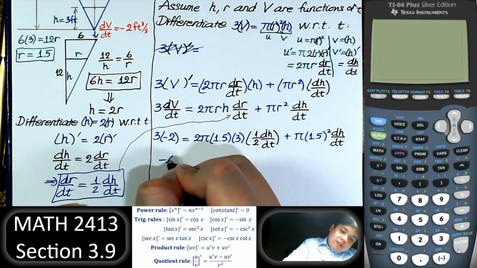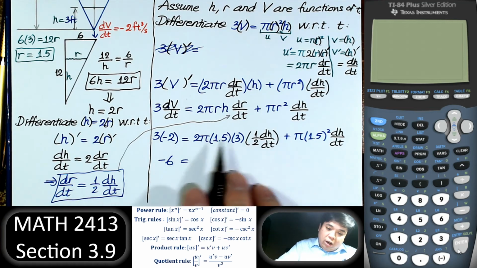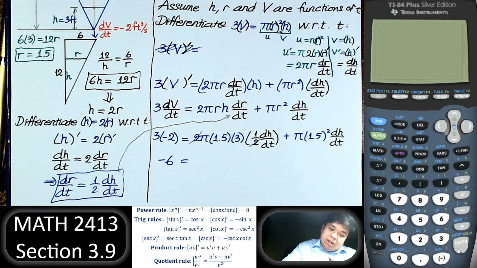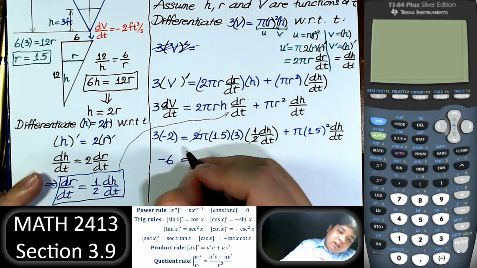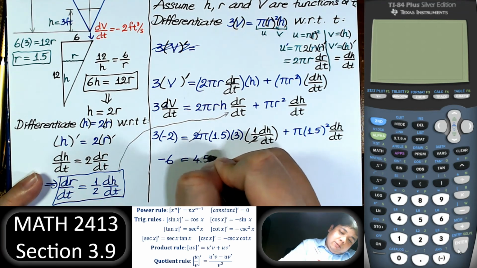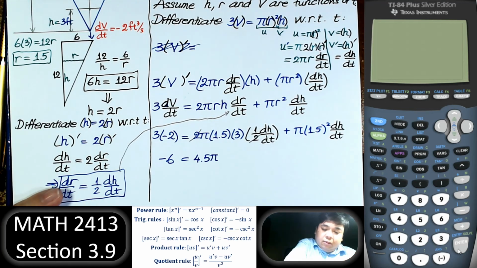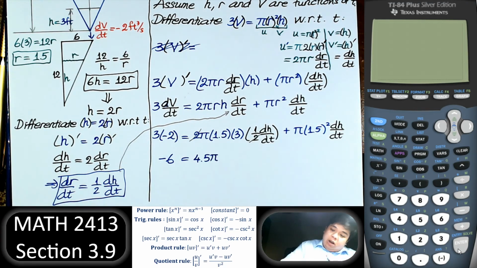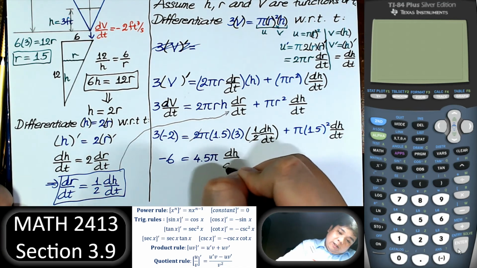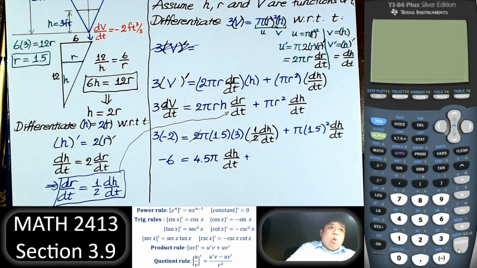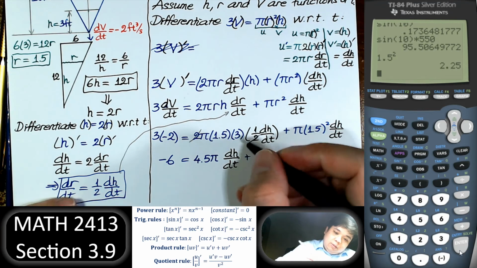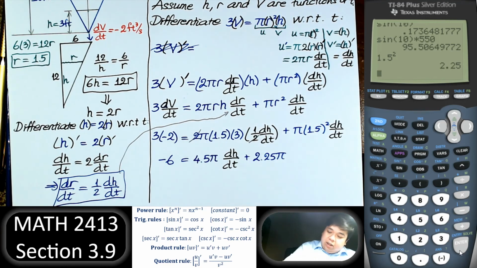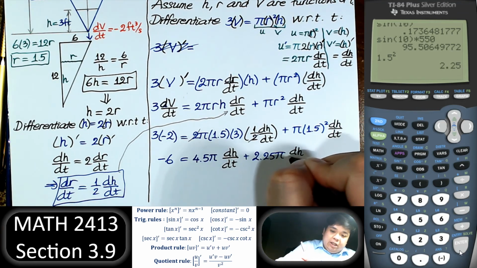That gives us negative 6 equal to, multiply straight across, 2 and 2 cancel out, 3 times 1.5, that's 4.5 pi dh over dt plus 1.5 squared is 2.25 pi times dh over dt.